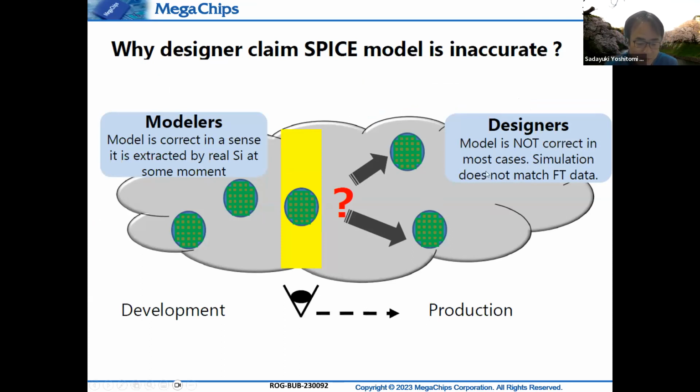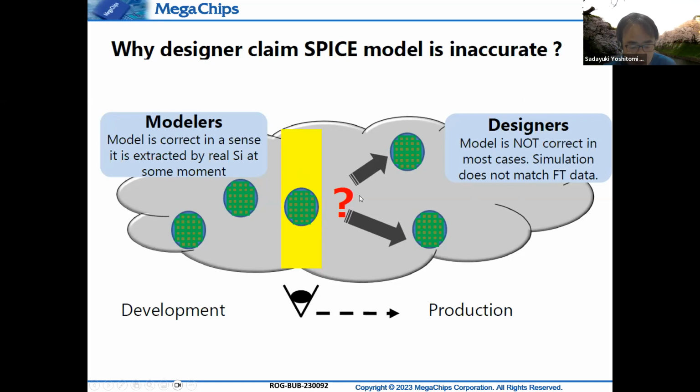As you know, designers are looking at the mass production stage. This is the designer's perspective. But our PDK team is looking at the silicon at a given snapshot, like here. We produce a model on the silicon wafer at a given time slot, and we add the long-term property prediction into the SPICE model library at the final stage of the PDK development.